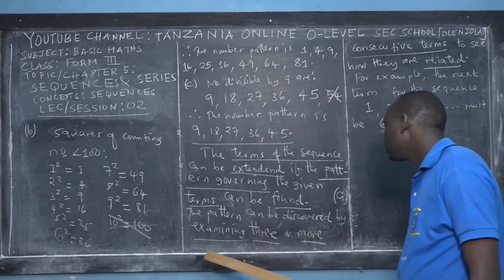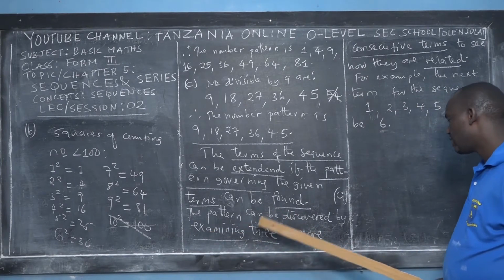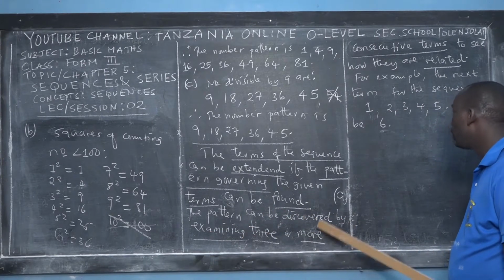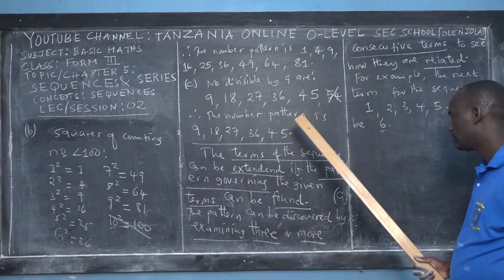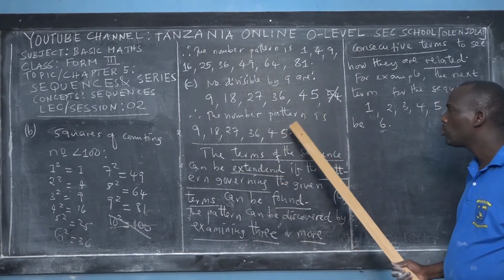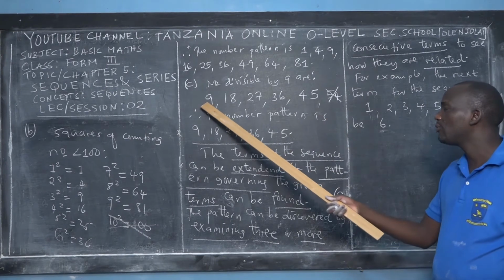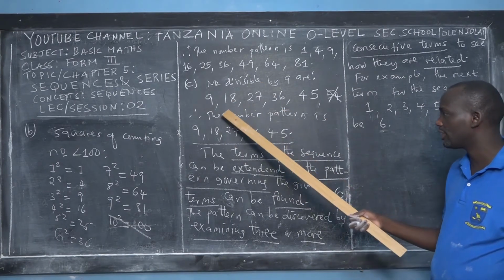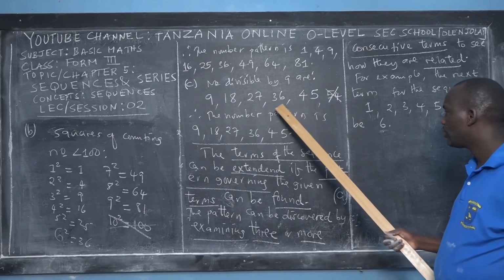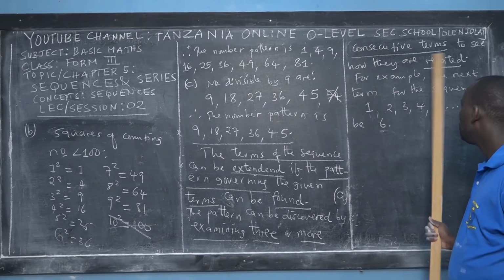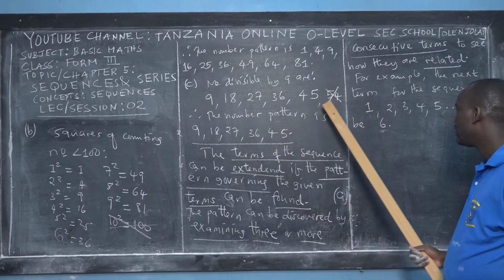Again, the patterns can be discovered by examining three or more consecutive terms. So how do we discover the patterns? We discover the rules by using three or more consecutive terms to see how they are related. What are their relationships?